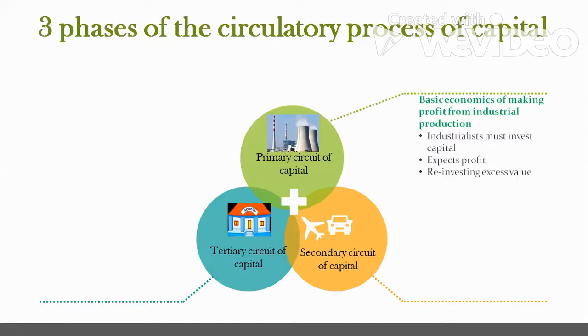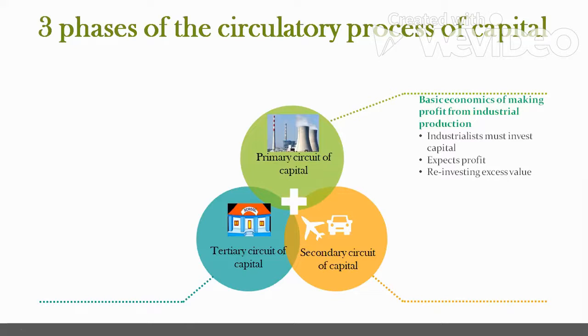How is this done? Firstly, industrialists must invest capital. If they don't invest capital, then obviously there can be no produce. They invest it through raw materials, labor, machines, tools and various other things.